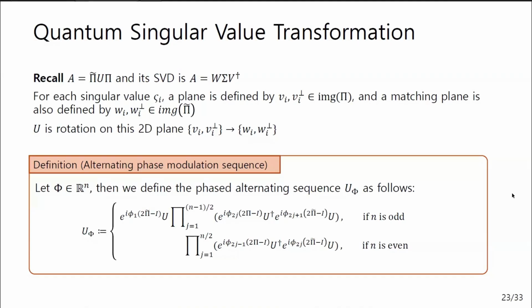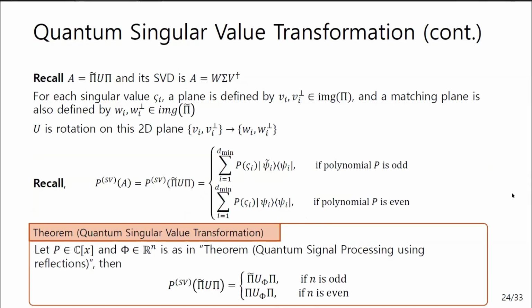Let's look at the orange box, the definition of the alternating phase modulation sequence. Let phi be a sequence of real values of length n. Then we define the phased alternating sequence U phi as follows. There is a slight difference between the n odd case and the even case.